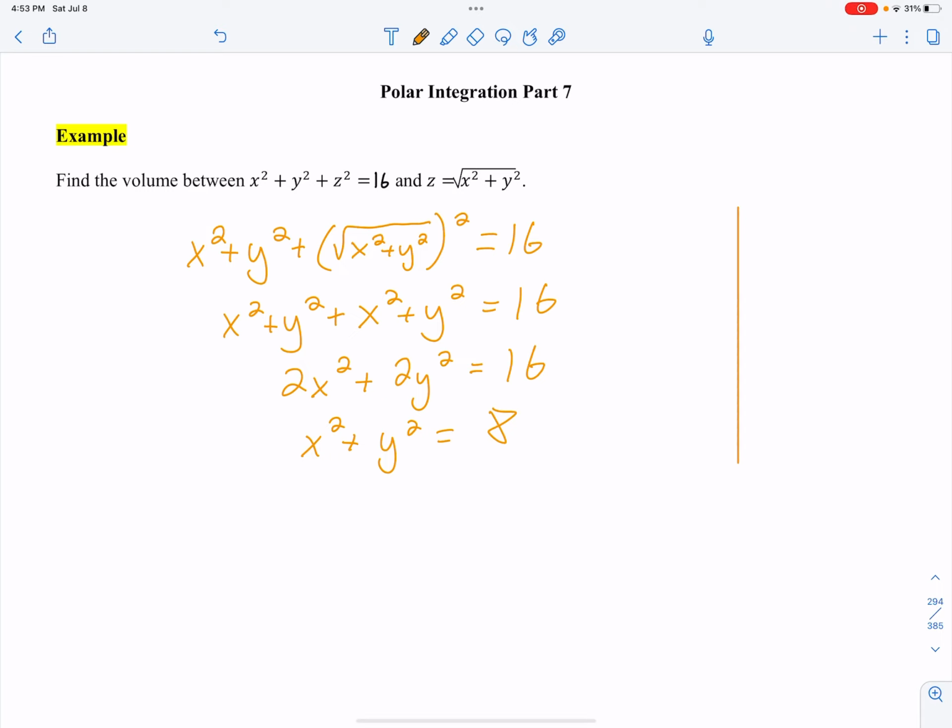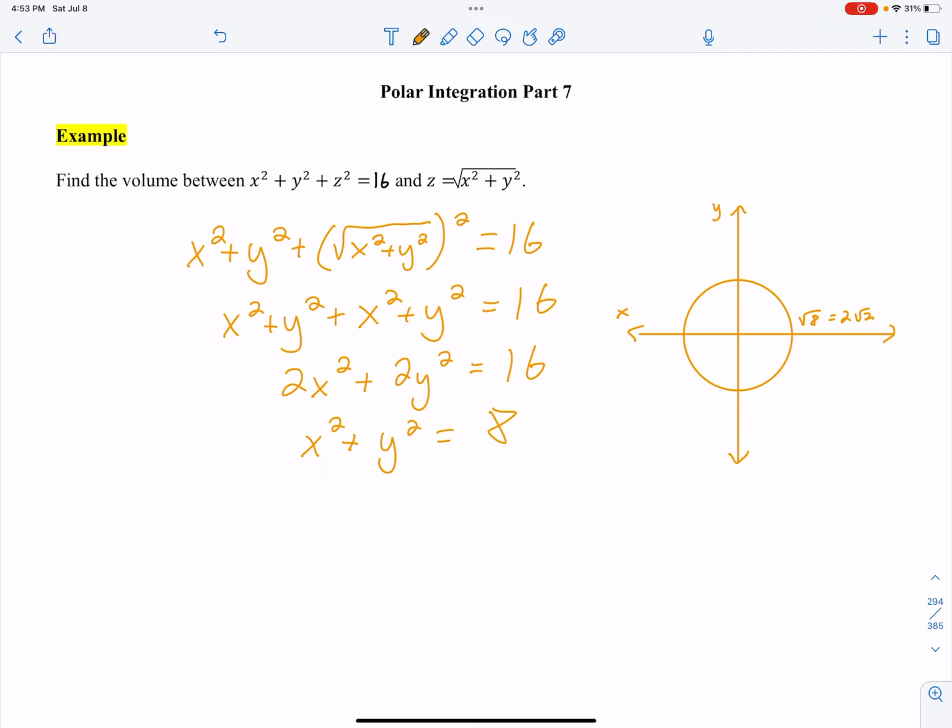We have our xy plane, and we're just going to draw a circle on it so we know what we're talking about. This is y, this is x, and I know it's a radius of square root of 8, or 2 root 2, however you want to think about it.